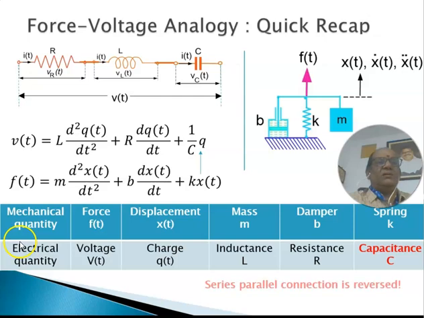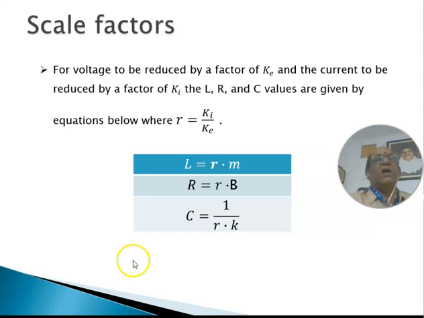It would greatly help if you remember this table thoroughly. We have also seen that if you want to reduce the voltage by a factor Ke and the current by a factor Ki, the inductor, resistance and capacitance values are given by these Rn, Rb, 1 by Rk, where R is Ki by Ke.